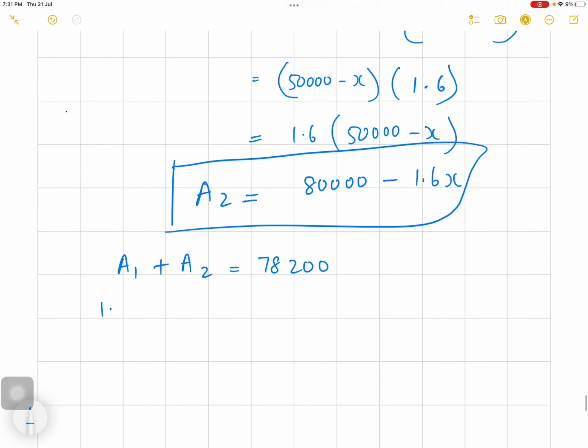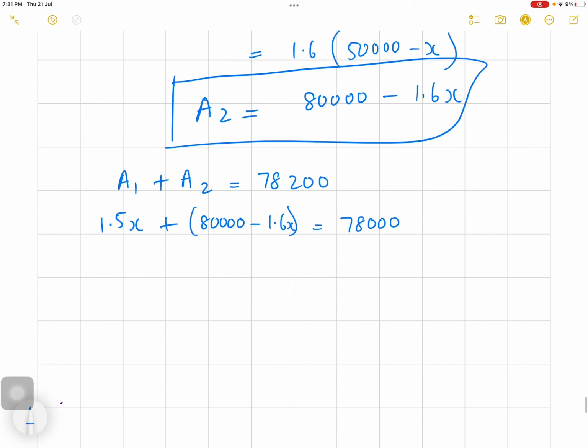A1 is 1.5x plus A2 is 80,000 minus 1.6x, is equal to 78,200. You solve this, you'll find the value of x. So let's solve this: 1.5x plus 80,000 minus 1.6x is equal to 78,200.